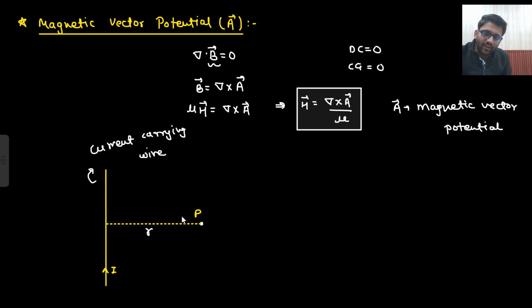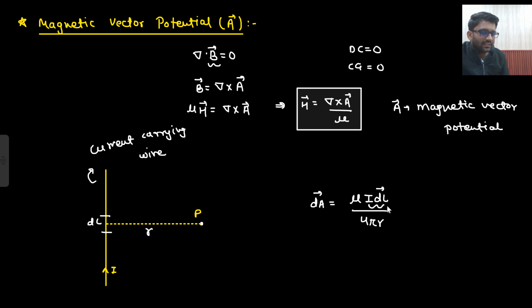I'm going to take a small portion dl of the wire, and the magnetic vector potential is defined as mu I dl upon 4 pi r, but this is a vector quantity.